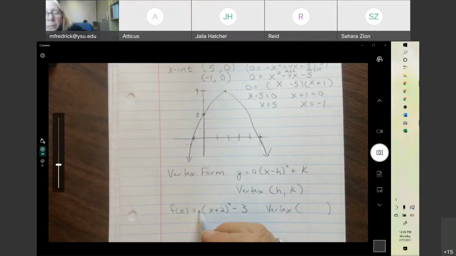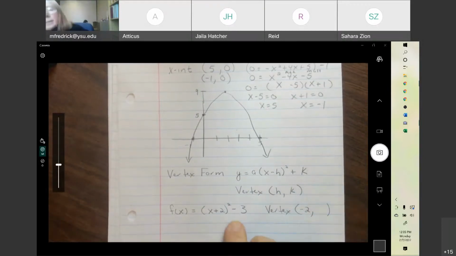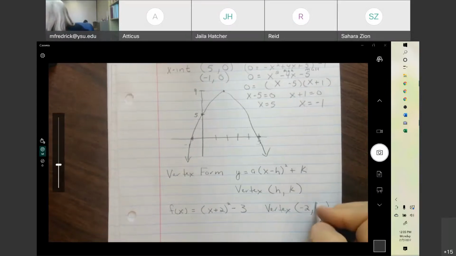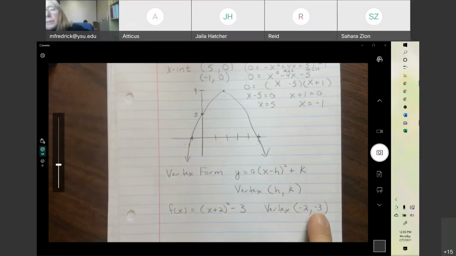Notice this a would be 1 then, which means since it's positive, my parabola is going to go up. To find the vertex, it comes from here and here. This inside with the x is the opposite sign, so -2. Outside is the same sign, -3. So my vertex is at -2, -3, and then it's going up.